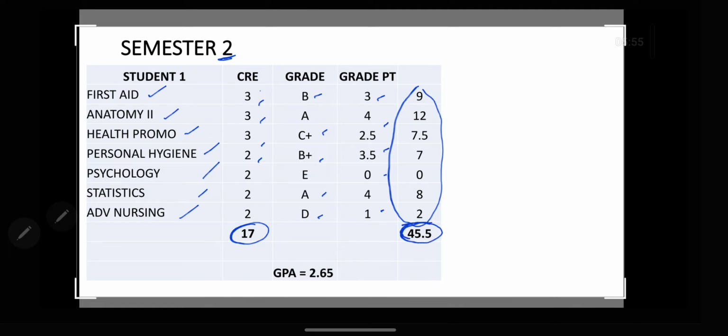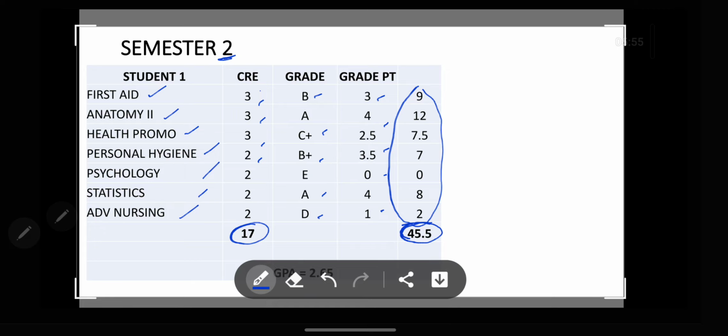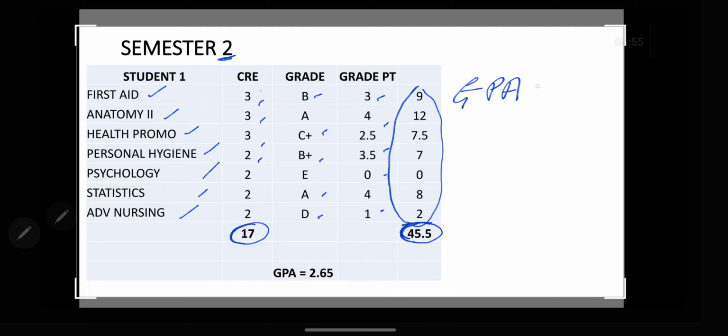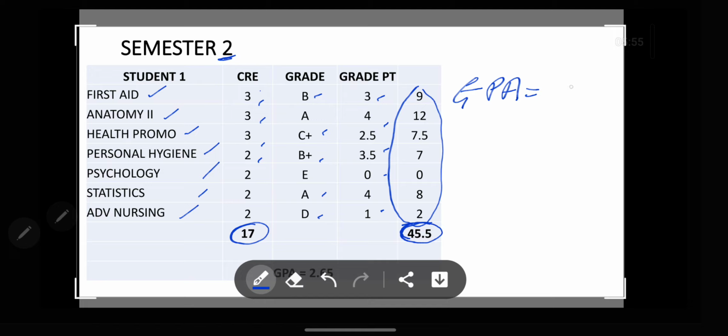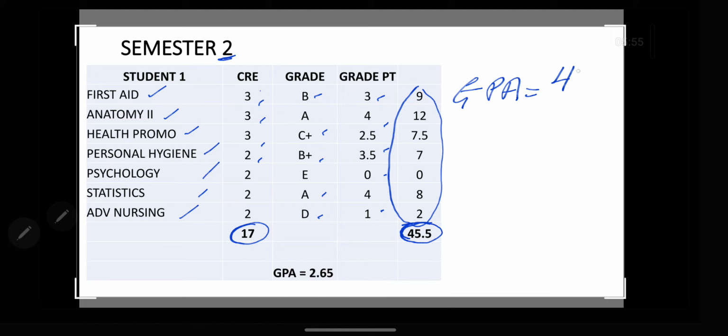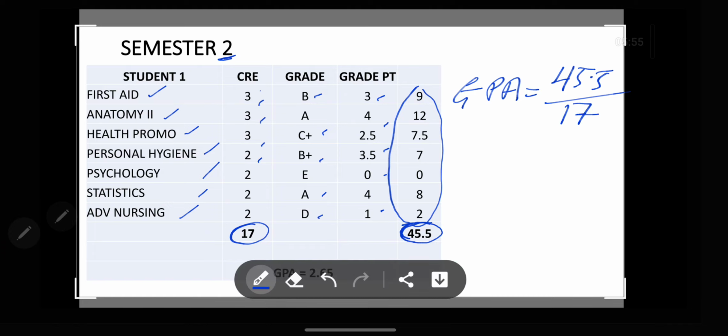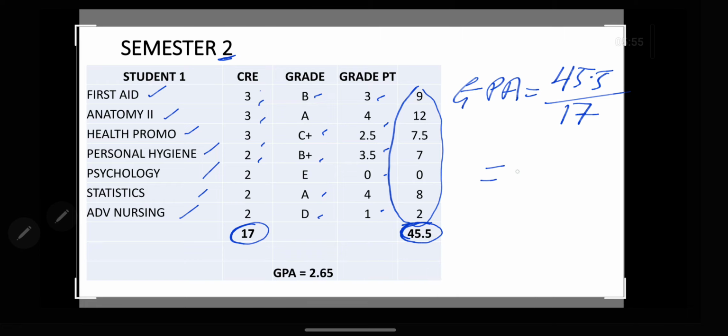So to get the GPA for the student in the second semester, it is going to be 45.5 over 17. Remember, I'm saying GPA. And the answer is going to be 2.65.